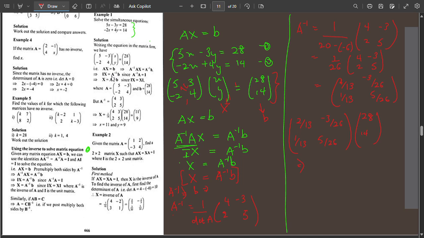It's very easy. So let's multiply. We have 2 over 13 times 28. That's just 56 over 13 plus this times this. We have 30, 40, 42, right? Over 26. That will be minus. Let me change it.